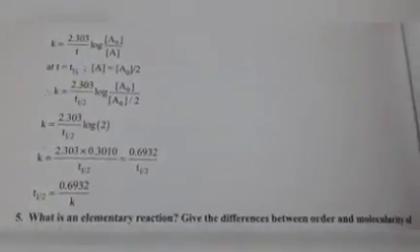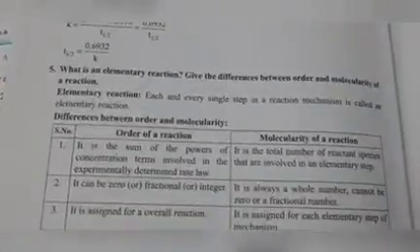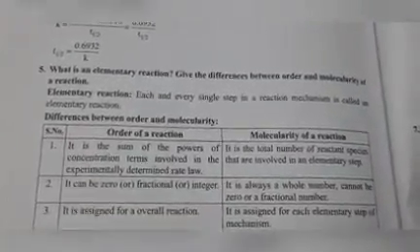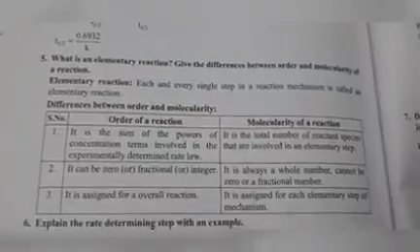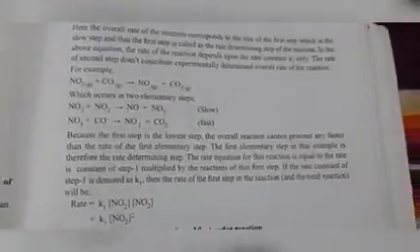And what is an elementary reaction, give the difference between order and molecularity, that we also know. And explain the rate determining step with an example. That is not given in your book.